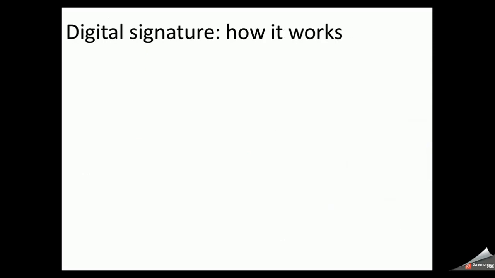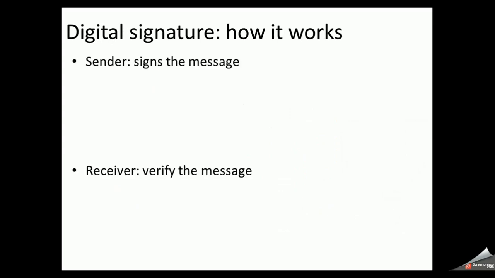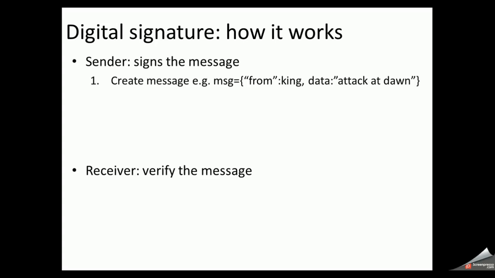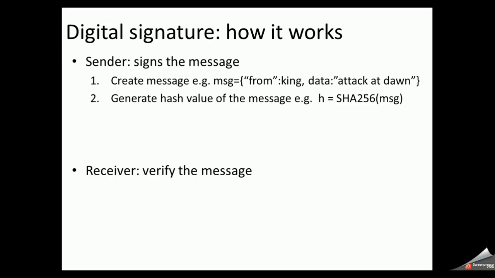So now let me go through some quick steps of how a digital signature works. As I told you, a digital signature is about signing and verifying. It's not about encryption and decryption. The sender signs the message and the receiver verifies the message. The first thing the sender will do is create a message that says from king and the data is attack at dawn, and generate a hash value of the message.